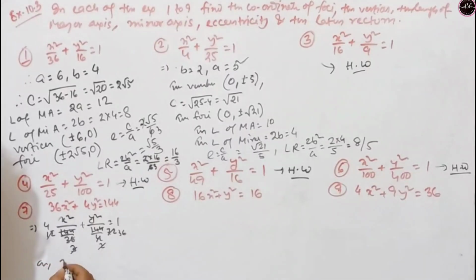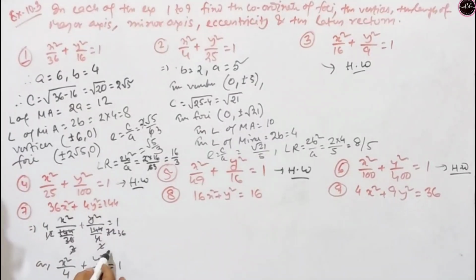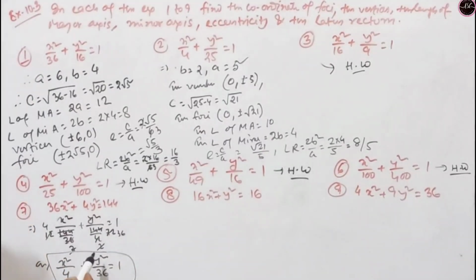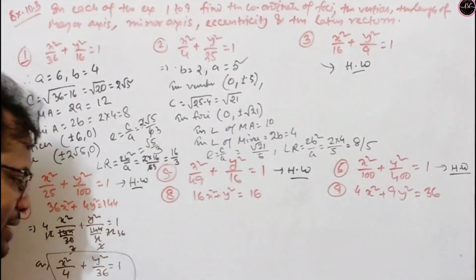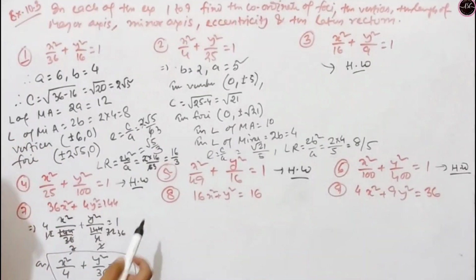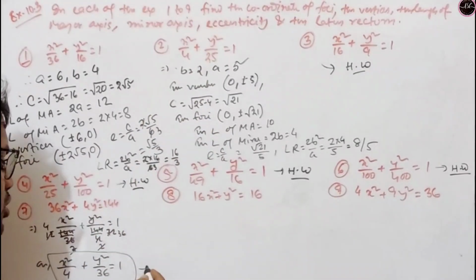So here we have x square divided by 4 plus y square divided by 36 equal to 1. Okay, here we get the coefficient of y square has the larger denominator. So this is type 2, so this is also your homework.